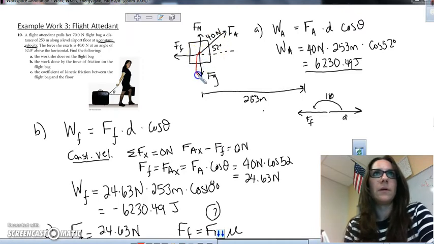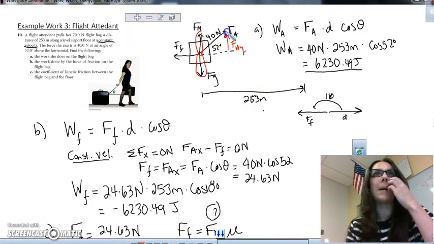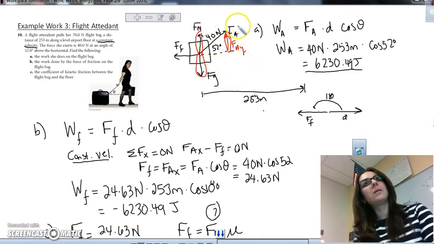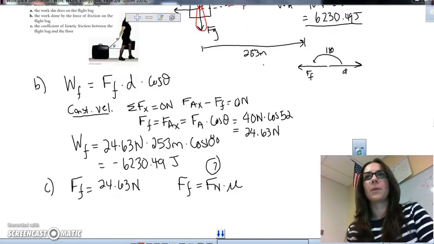As you can see, we have to take a look at the y directions, because we have 3 forces in the y. So it's not okay to say force normal is equal to force gravity, because we have this additional force.